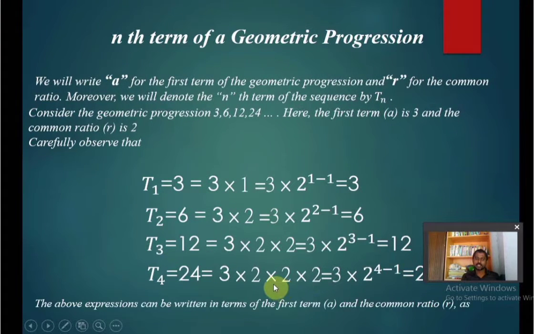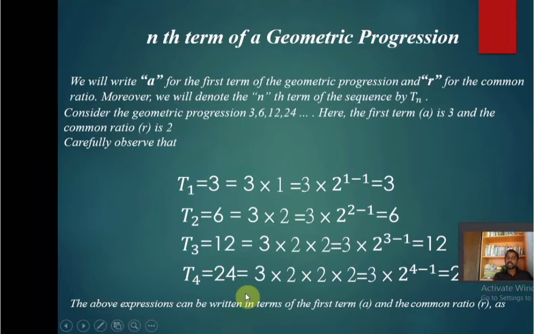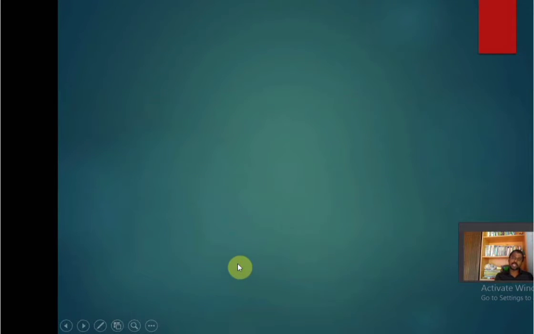The above expression can be written in terms of A, the first term, and R, the common ratio. The first term is 3, so 3 into 2 to the power 0, that is A into R to the power 0.